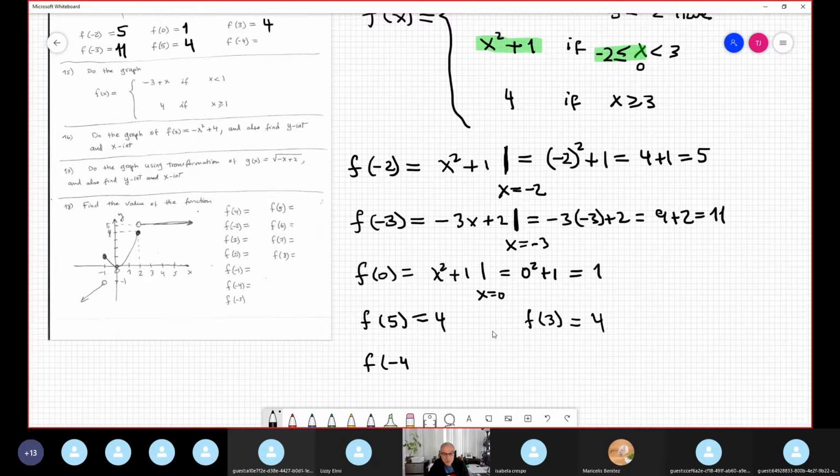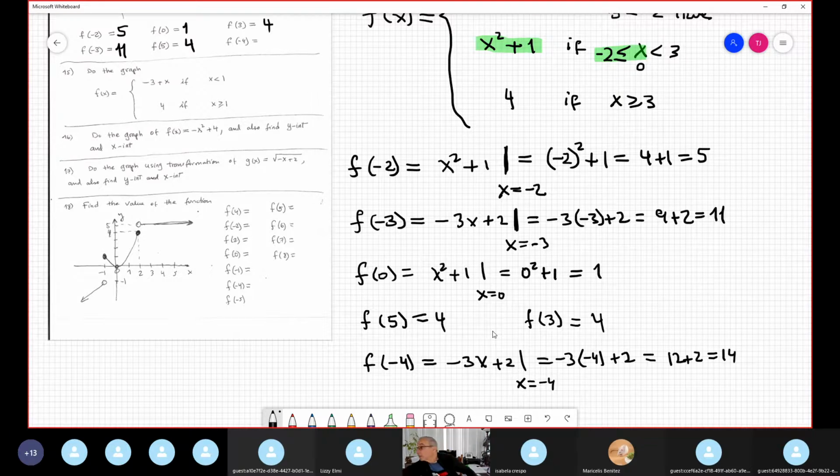Well, it's obvious. One more time, you select the first expression, minus 3x plus 2, evaluated at -4. So -3 times -4 plus 2. This is positive 12 plus 2, 14.